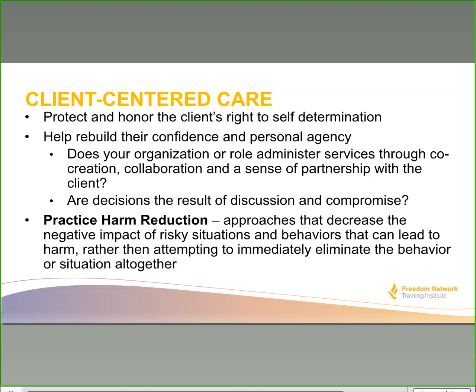And the last piece is how to practice harm reduction. This is really important with folks experiencing homelessness, but also specifically for human trafficking survivors who are experiencing housing instability. When we talk about harm reduction, we're talking about a model of support and treatment, or an approach that addresses risky behavior, and the focus is to minimize harm that may come from that risky behavior, which can sometimes almost feel like a willingness to tolerate the engagement in the behavior.